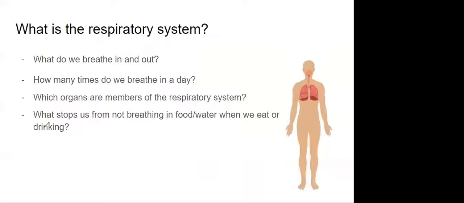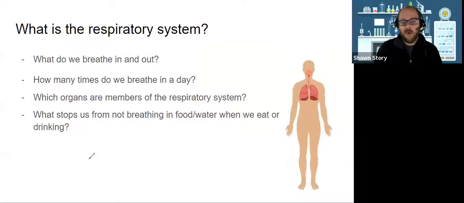So here's our respiratory system. What do we breathe in and out? How many times do we breathe in a day? Which organs are members of our respiratory system? And what stops us from breathing in food or water when we eat or drink? What was that little flap called again?